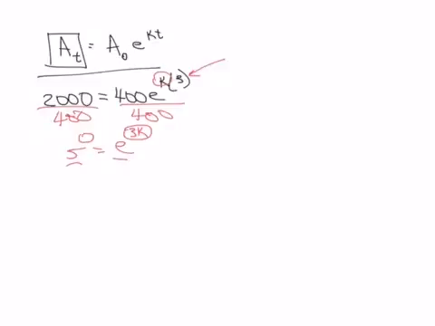So what I'm going to do is take the ln of 5, and when I do that I get e to the 1.61 power, and that equals e to the 3k power. Okay, so see what happened there?